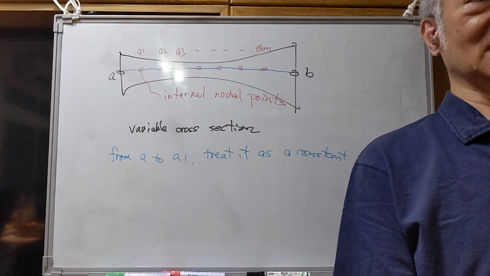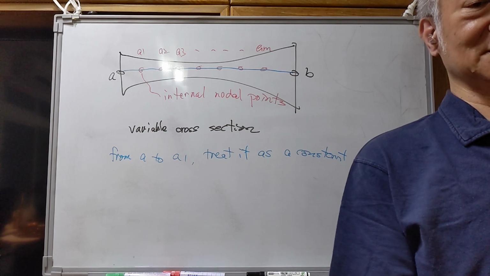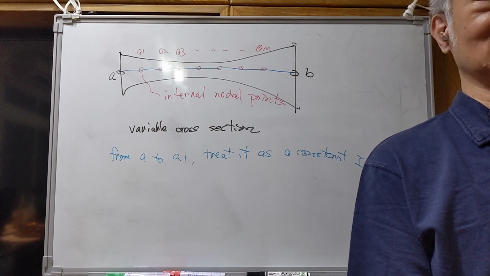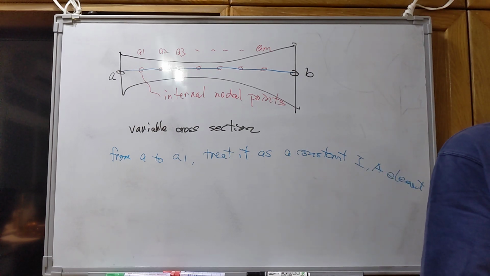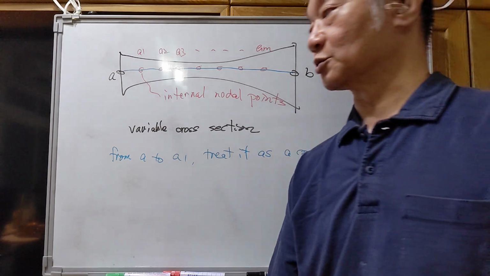So you can say that it is an approximate solution, but it is an acceptable approximate solution.